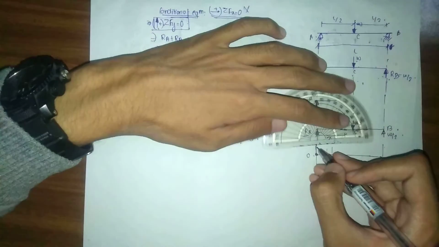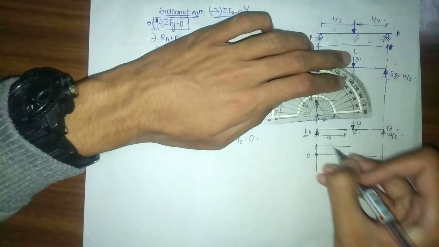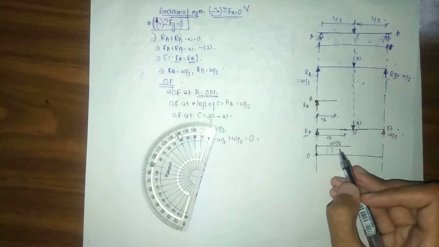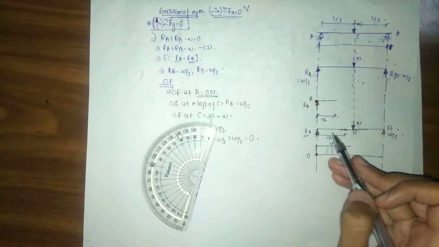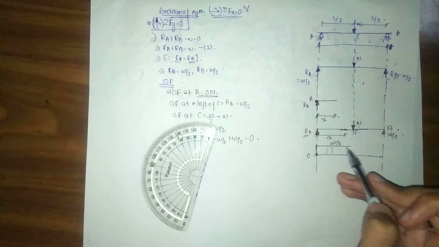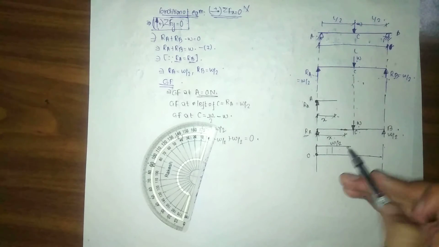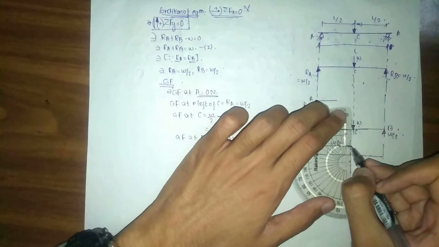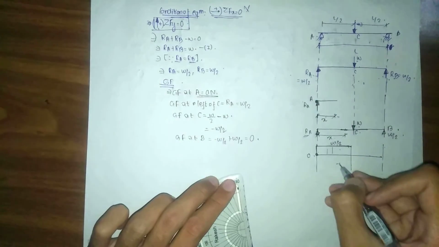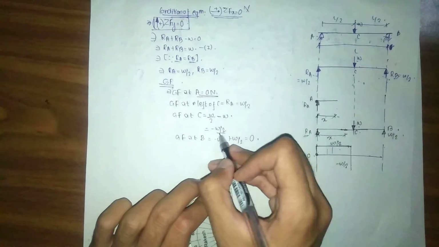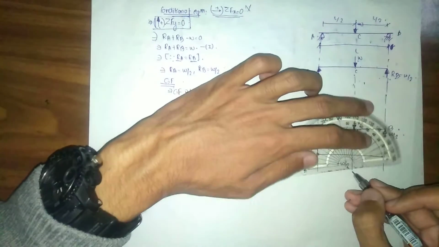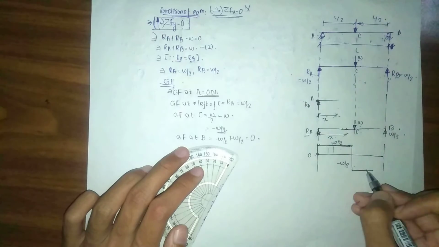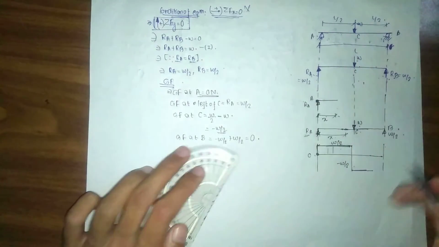So it has a value of W by 2 until it reaches C. The shear force value remains uniform because there are no other external loads applied in this section until we reach point C. At point C it decreases to minus W by 2, and it remains constant because no other forces are involved.